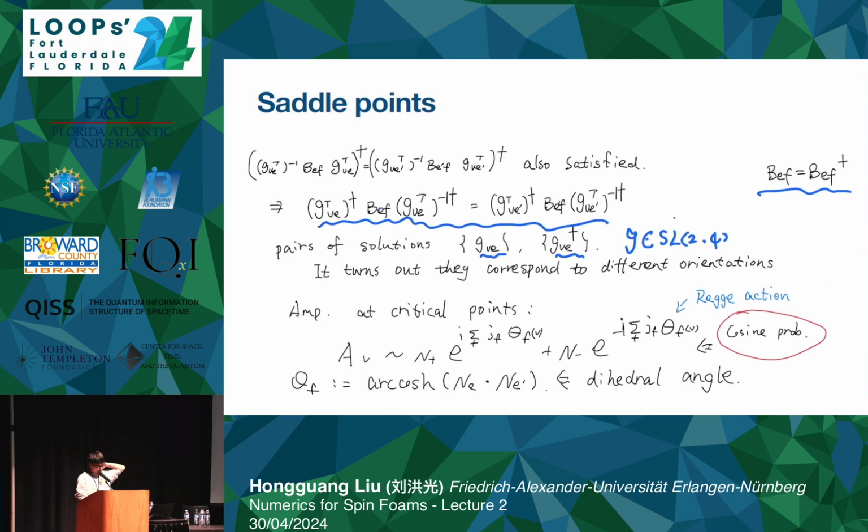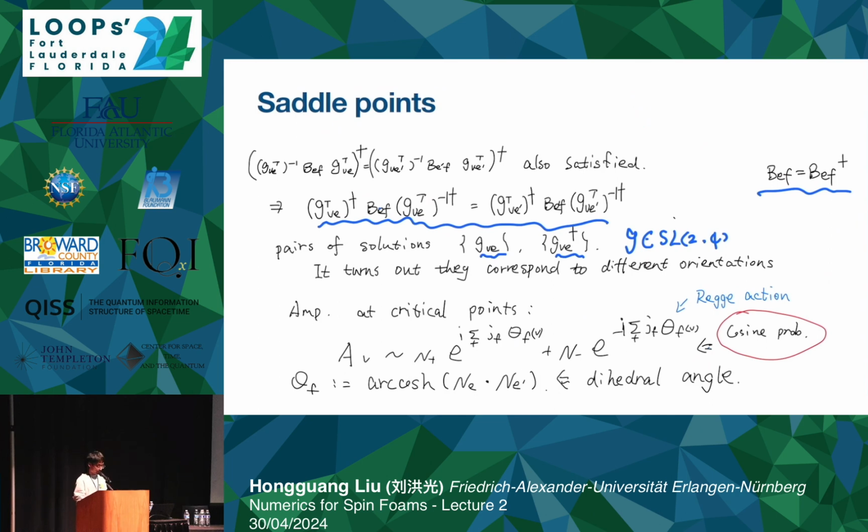It turns out that these two solutions correspond to different orientations of the four-simplex. Orientation here is related to the signature of the volume, if you want. And it turns out we can calculate the critical action.